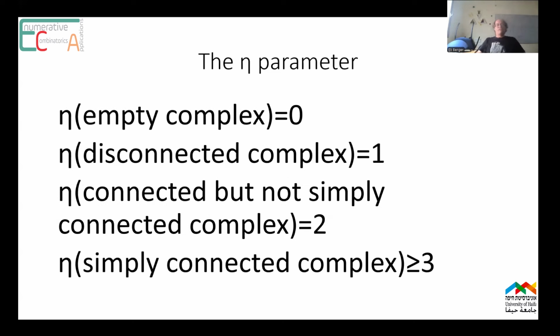Well, it's the maximal k for which, for every j up to k, if I have a function from the sphere of dimension j minus 2 to the complex, then I can fill the inside of it with the complex. Or another way to say it is that eta is the minimal dimension of a hole in the topological structure.